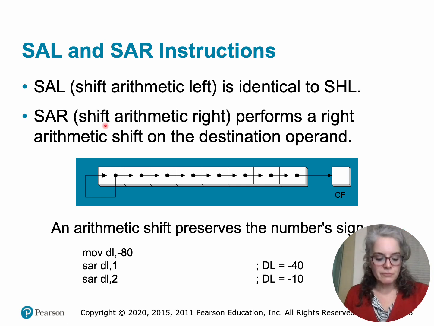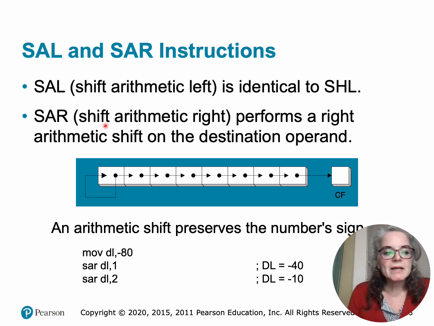So SHL and SAL are going to work the same. SAR is going to be a little bit different. SAR is going to perform a right arithmetic shift on the destination operand. So we're going to move this bit here on the right, which is the least significant bit, to the control flag, and then we're going to copy this last bit. So what was bit 7, which is now bit 6, is going to be copied to the spot that opened up.